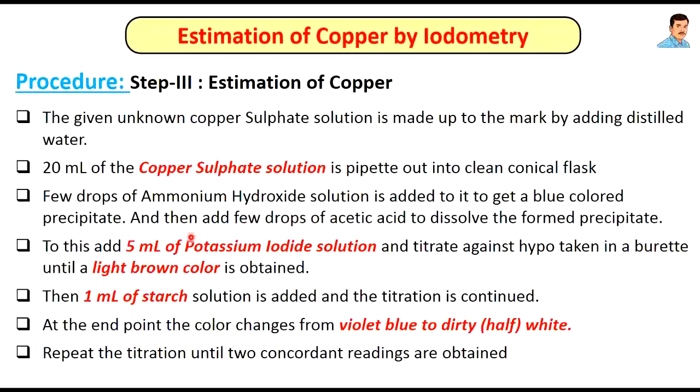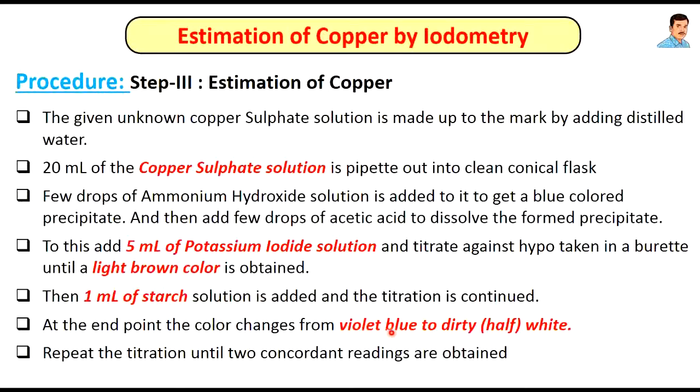We will add now 5 ml of a potassium iodide solution using a measuring jar, and then the solution turns into dark brown color. Titrate it with the hypo solution until the color is changed to light brown. When the solution is light brown in color, add 1 ml of starch indicator. Now the solution turns into violet blue.